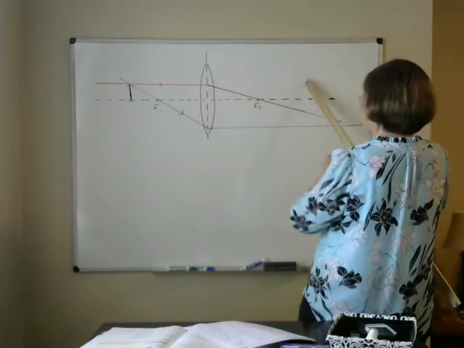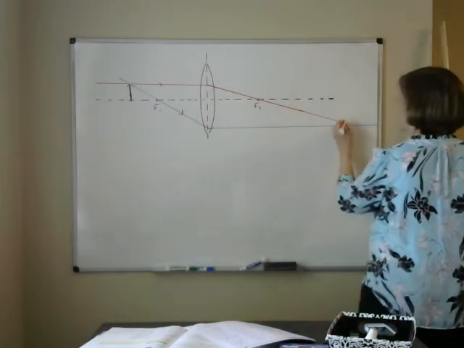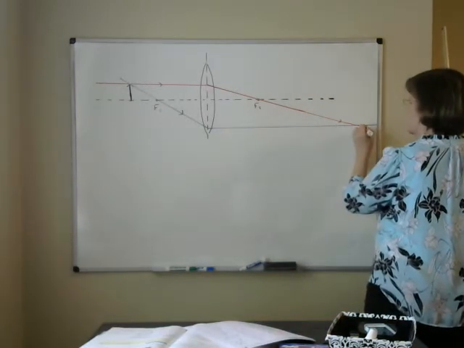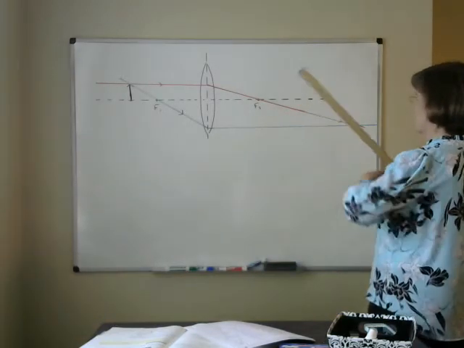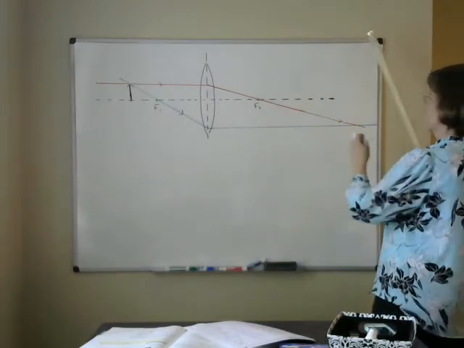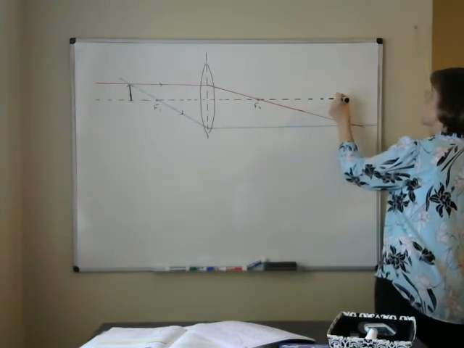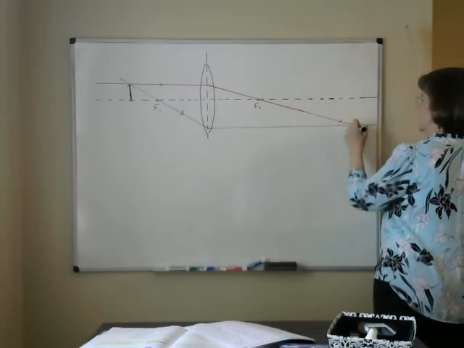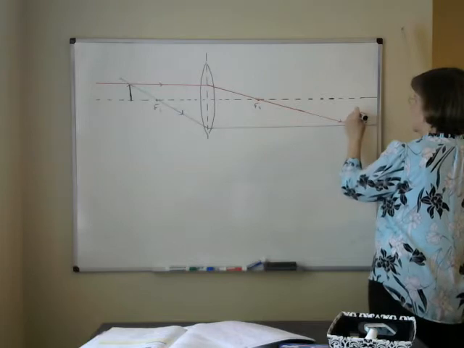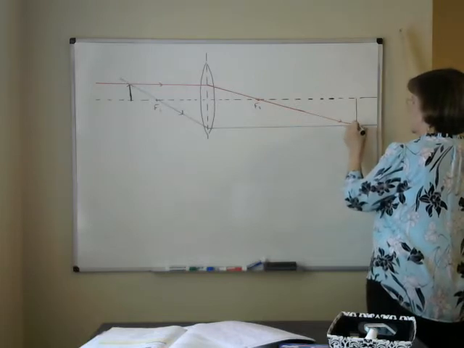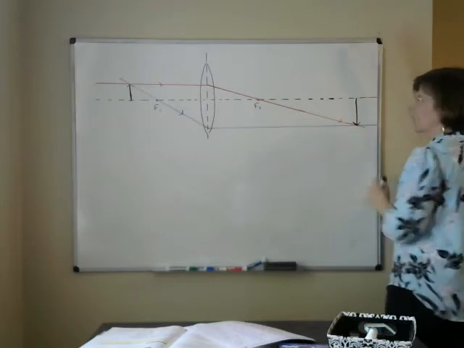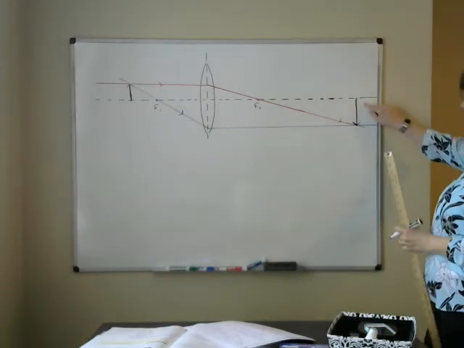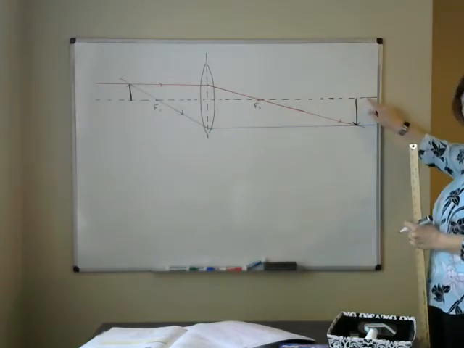Just extend this a little farther, and you can see how the image will form. There's where the tip would be. Notice it's upside down, and you can also tell that it's real.